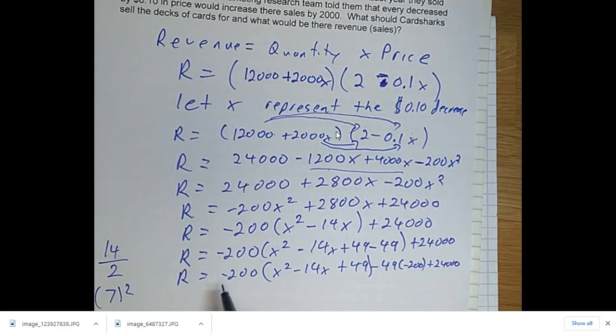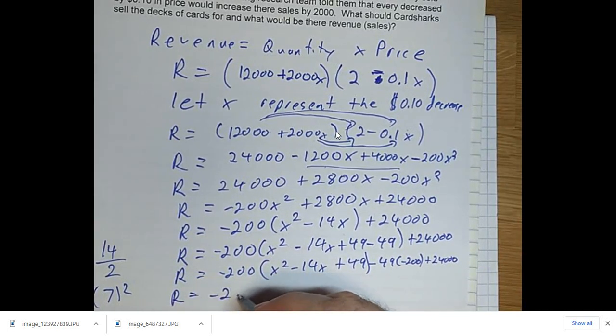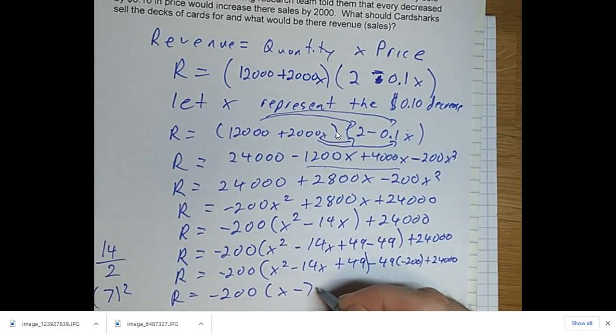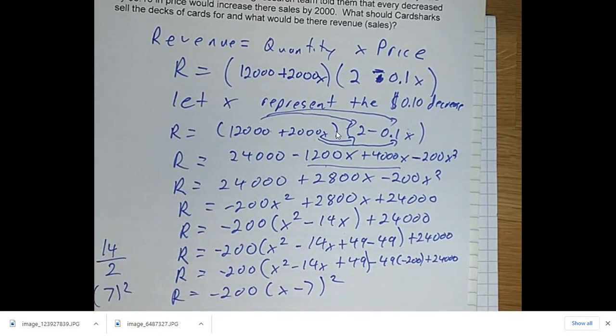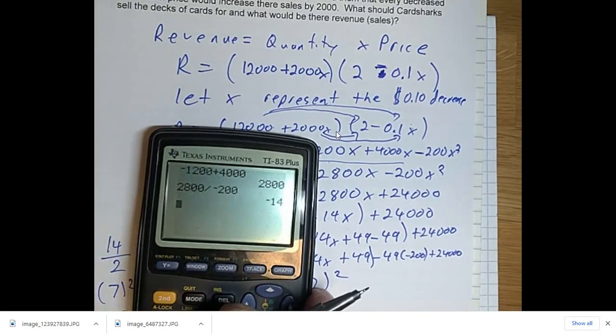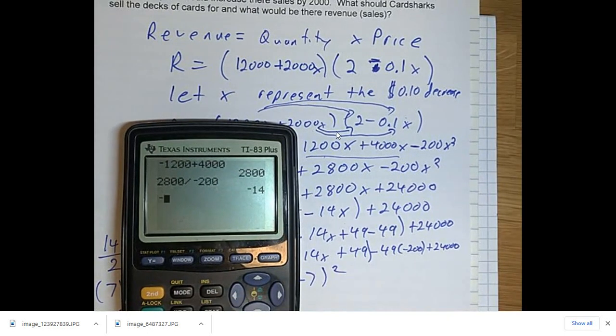Okay, next step, minus 200. This is now a perfect square, so it's x minus 7 squared. And then we're going to do some math over here. I'm just going to do all that in the calculator. Minus 49 times bracket negative 200, close the bracket, plus 24,000.